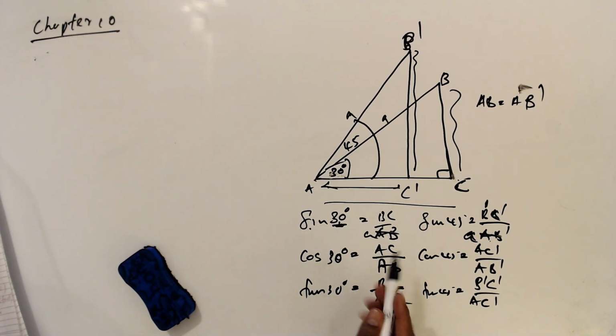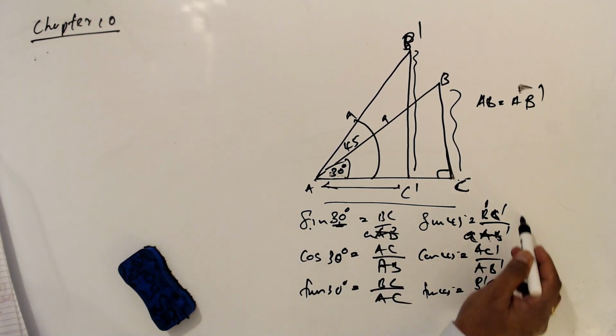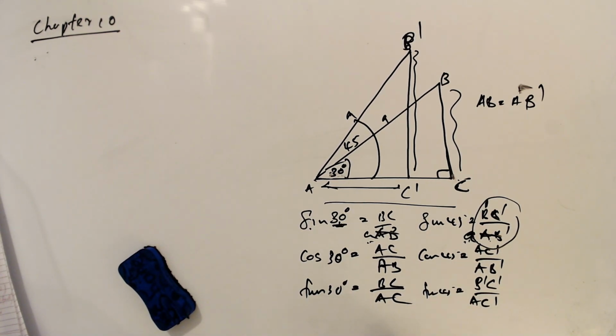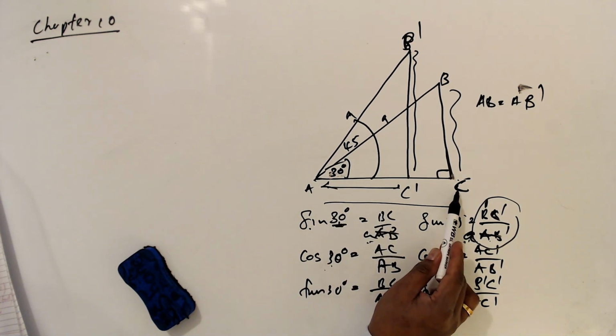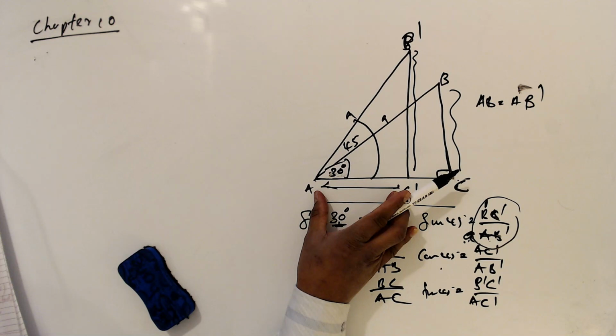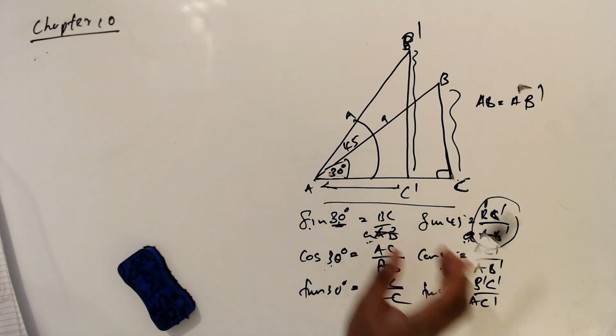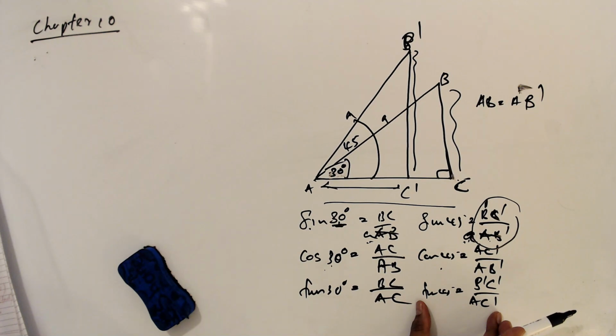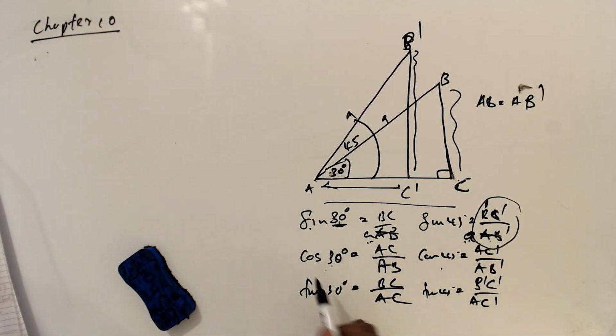So when the angle is increasing, what will happen to this value? Since A is the same, the value is increasing. What will happen to cos when the angle is increasing? Can you see that this length becomes smaller? It means the cos value is decreasing. Accordingly, we can get an idea about the tan value. So now we did the research.